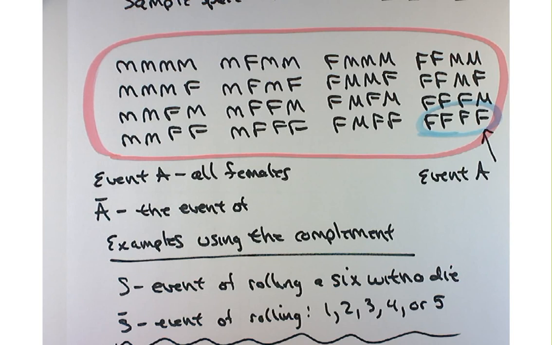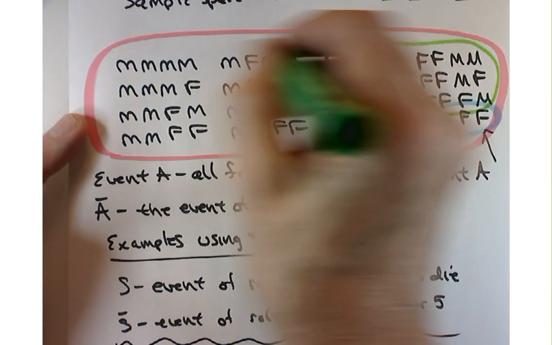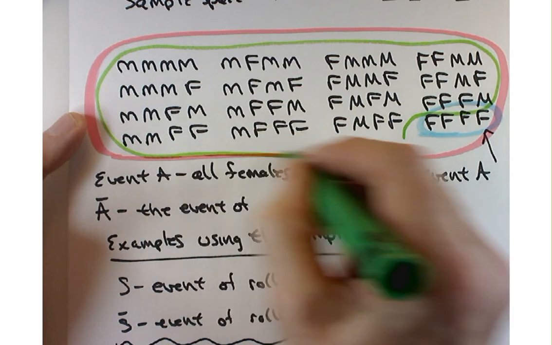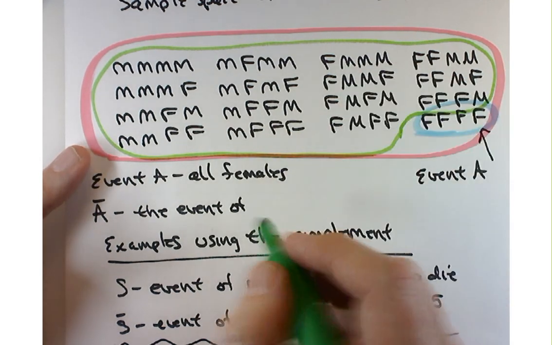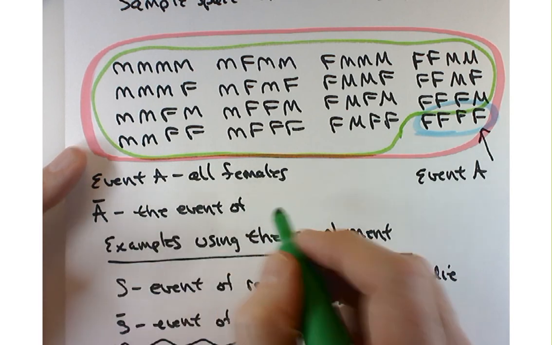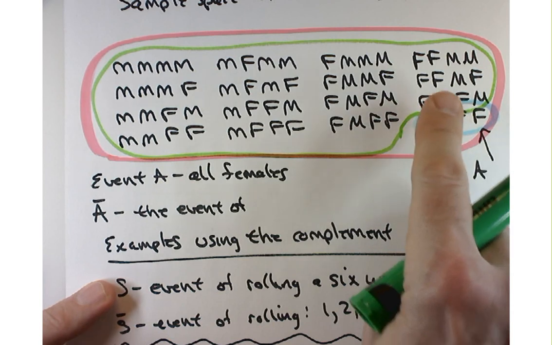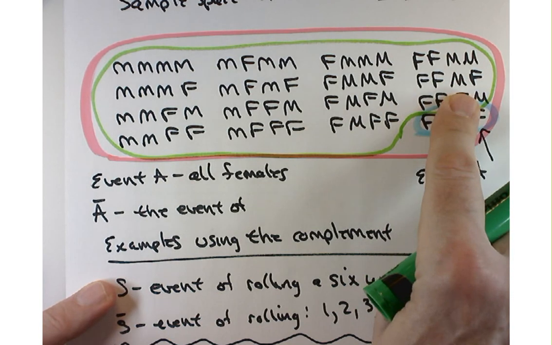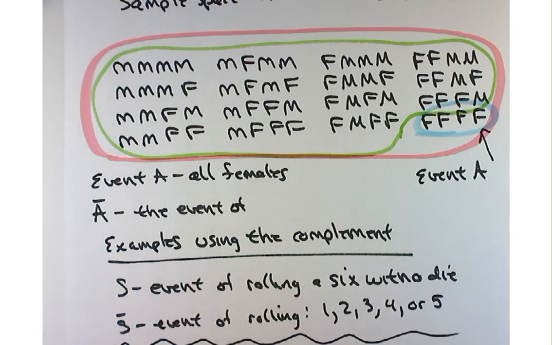All right, so this is A. Let me put in green here. Everything else. So what's in green is A bar. So this is the event of, well, you have to have at least one male to be in A bar. The event of at least one male.